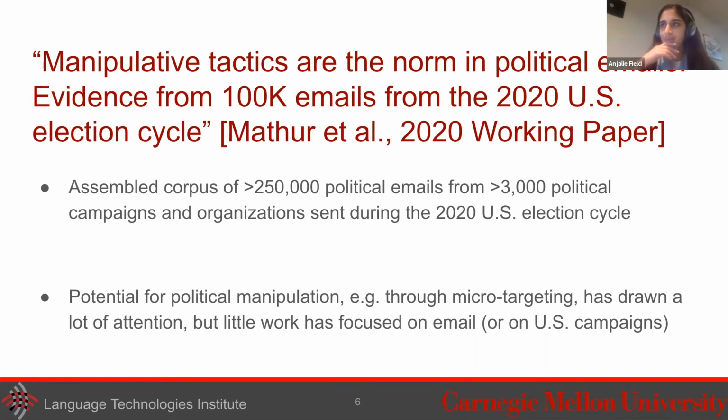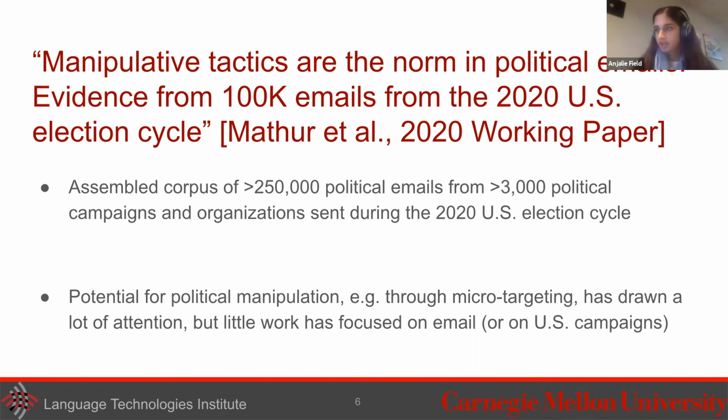What these researchers did was assemble a corpus of over 250,000 political emails that were sent by more than 3,000 campaigns and other fundraising organizations to people who signed up for email lists during the US 2020 election cycle.